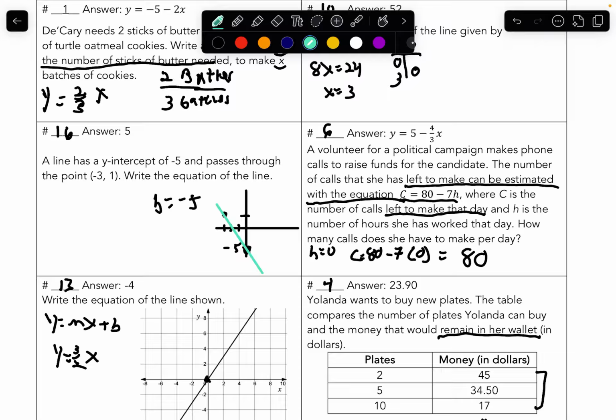If you go down, you can count, 1, 2, 3, 4, 5, 6. You go down 6 to the right 1, 2, 3. So just by using rise over run, the slope equals down 6 to the right 3, which is -2.